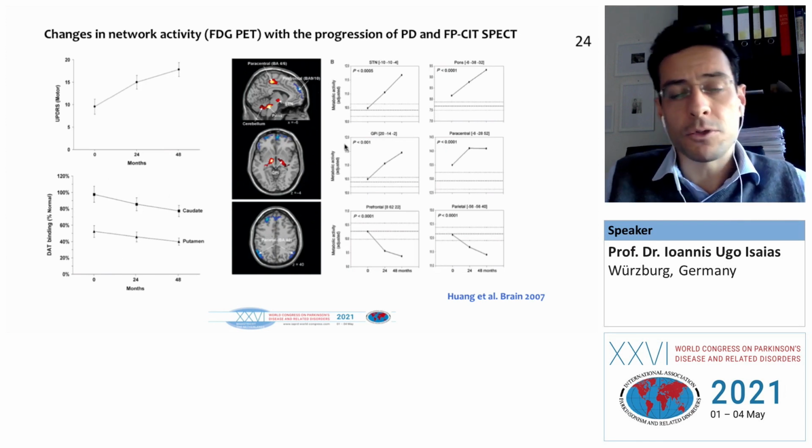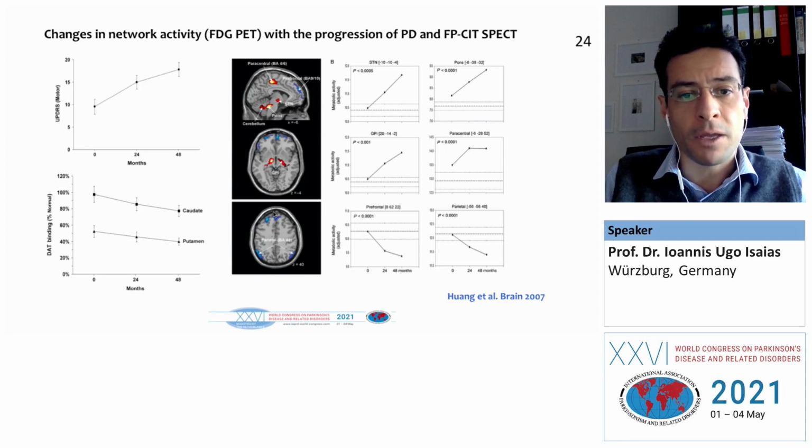They were able to identify with longitudinal FDG PET evaluation the progression of these metabolic changes, with increased metabolic consumption in the cerebellum, STN, paracentral area, and GPi, and progressive loss of glucose uptake in frontal and parietal areas.